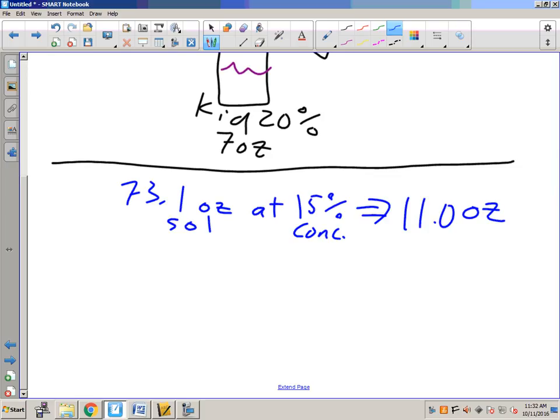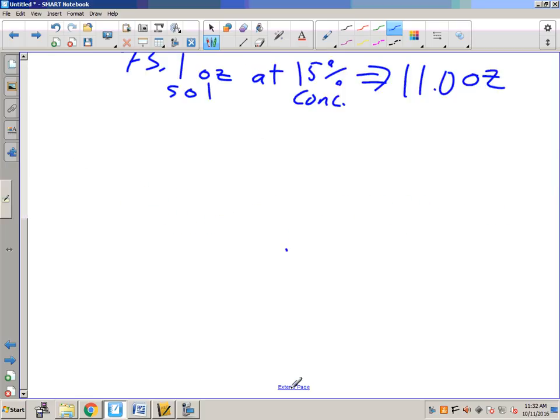Okay, I'm going to write out what we did to get this. I took 73.1 times. You didn't multiply it by 15, did you? You multiplied it by 0.15 to get 11.0. So here's the key step. Write this out in words. What is the 73.1? What did that represent in this example?